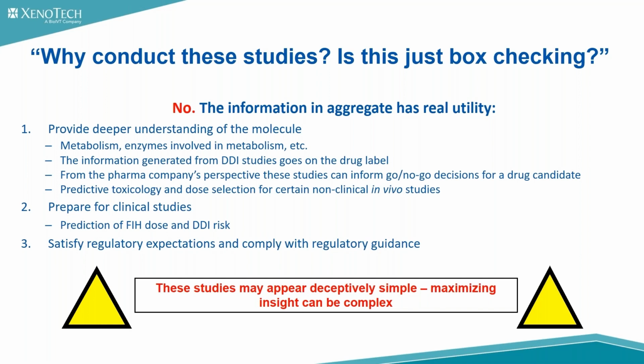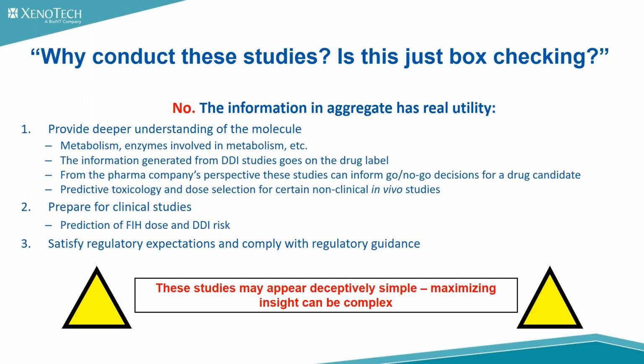It also provides information on some predictive toxicology and dose selection for certain non-clinical in vivo studies that are going to occur afterwards. And it also helps prepare for clinical studies, providing some information such as prediction of first-in-human dose and any potential drug-drug interaction risk, and hopefully prevent you from eliminating patients from patient populations in your clinical study pools.